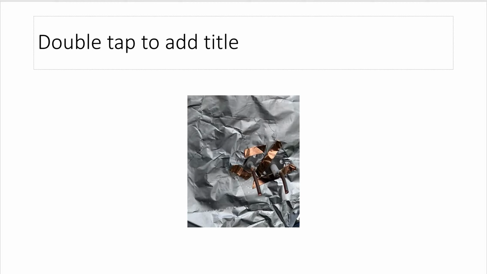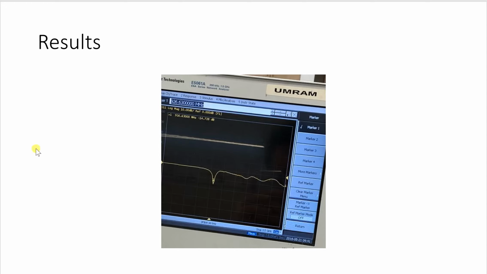To better understand whether my cavity resonator is working or not, I have connected my cavity resonator by an SMA connector to a network analyzer, and this is my result. As you can see, there are three minimas here, here, and here. This is my cutoff frequency for T101 mode.